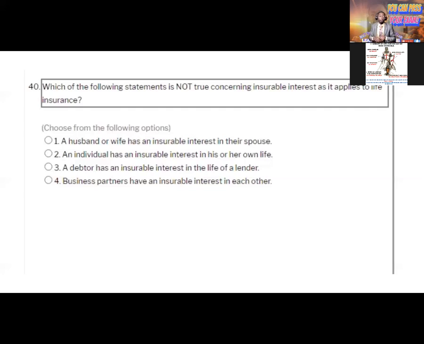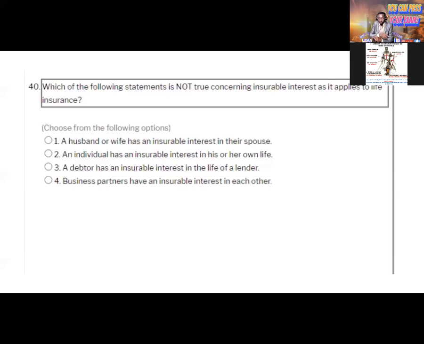Okay. Number 3, a debtor has insurable interest in the lender. Now, if I don't want to say debtor, I can say a borrower. If I don't want to say lender, I can say a creditor. So if they change those words, don't be confused. Now, this is the first statement. The debtor never has insurable interest in the lender. It's the other way around.